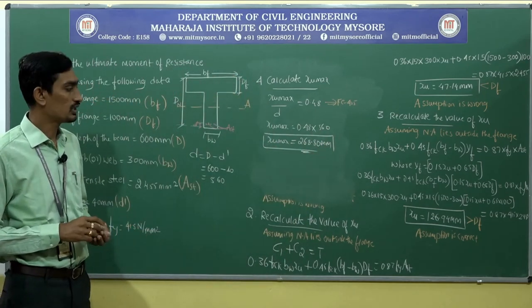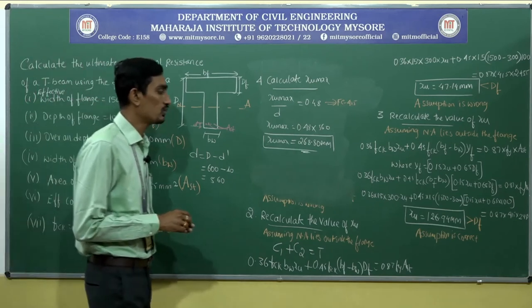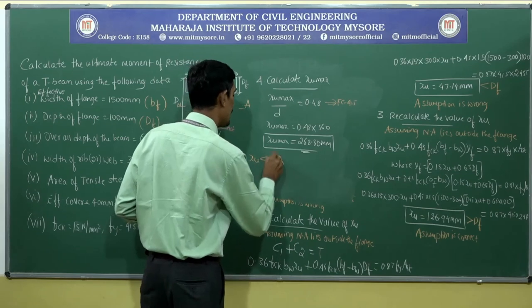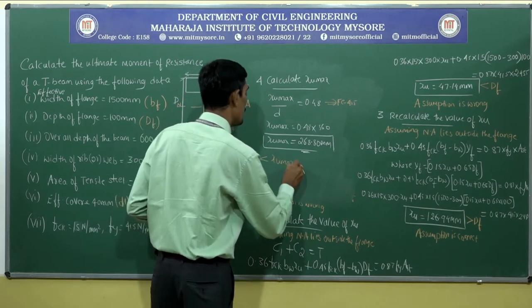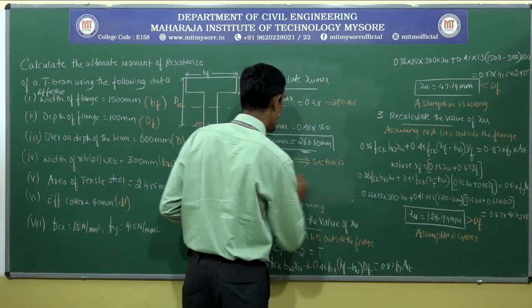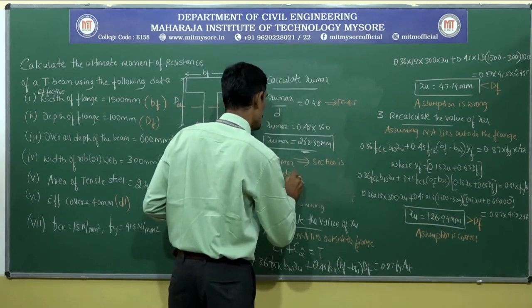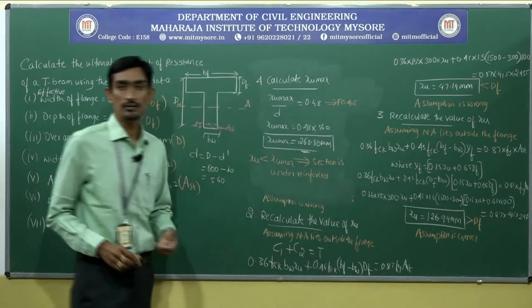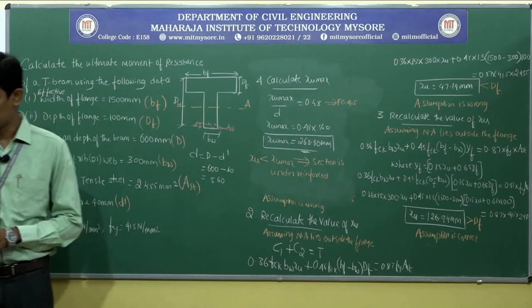So now you can compare whether XU is lesser than XU max or XU greater than XU max. Now you can see XU is lesser than XU max, which implies the section is under reinforced. Is it clear? The section is under reinforced.